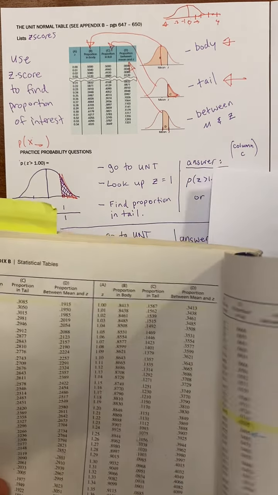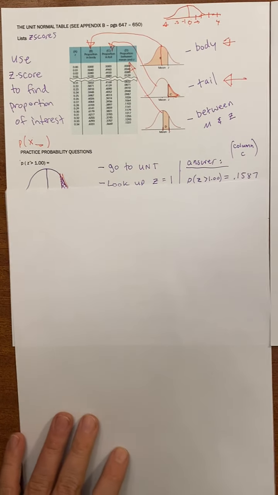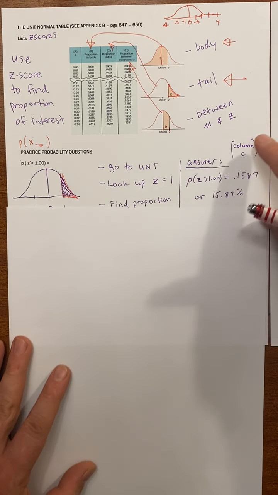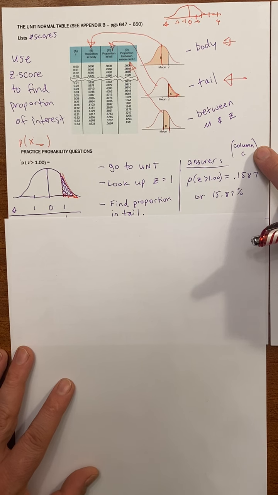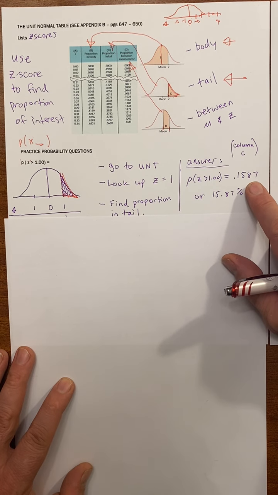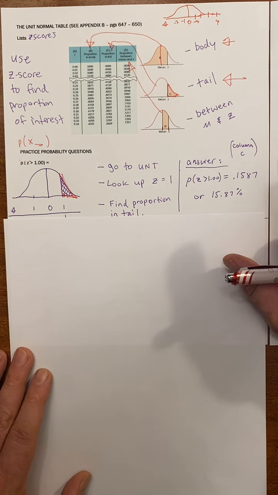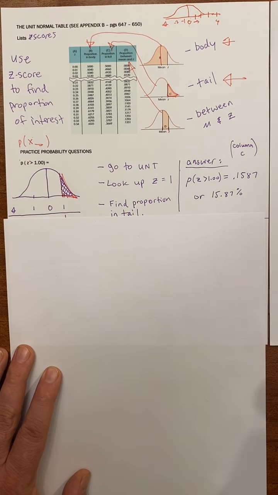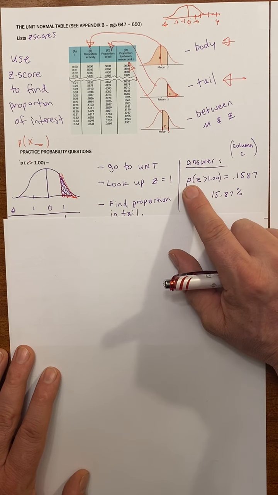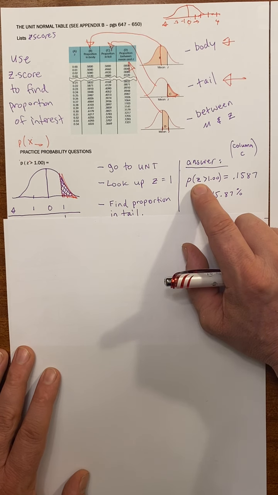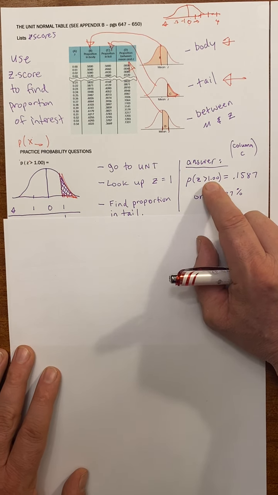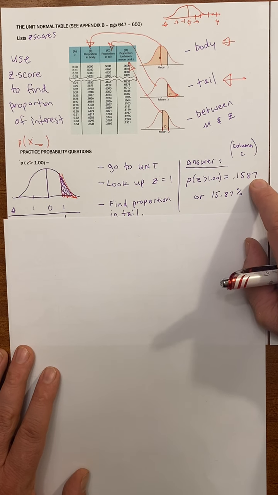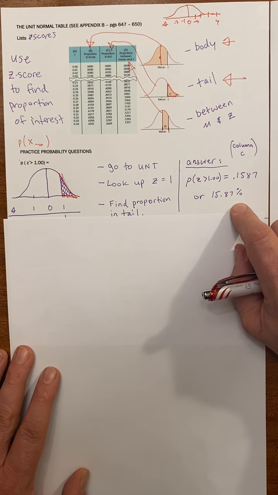So what am I going to do with that 0.1587? Well, it's basically our answer to the question we're being asked. We've just gone to column C and found 0.1587, and that ends up being the answer to this probability question. Now we can say the probability of finding a z greater than 1 is 0.1587 or 15.87%.